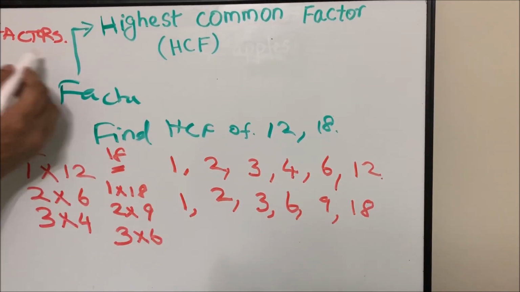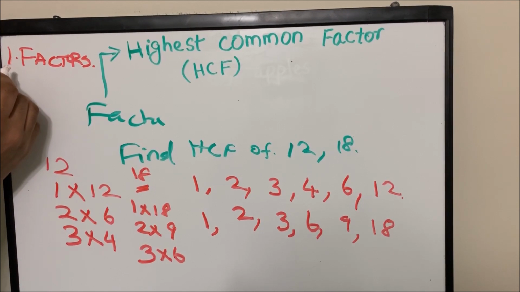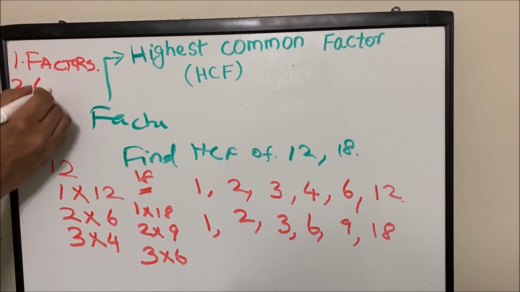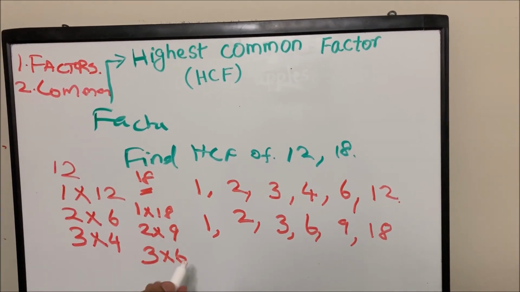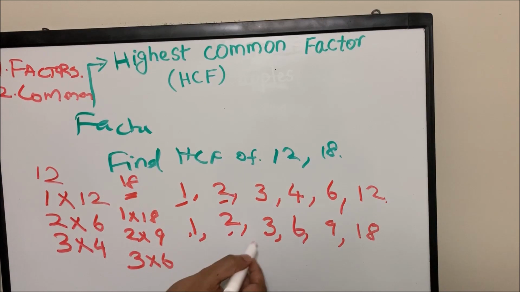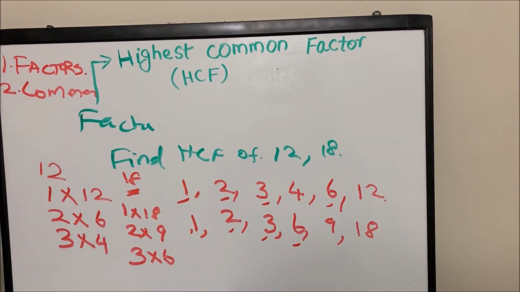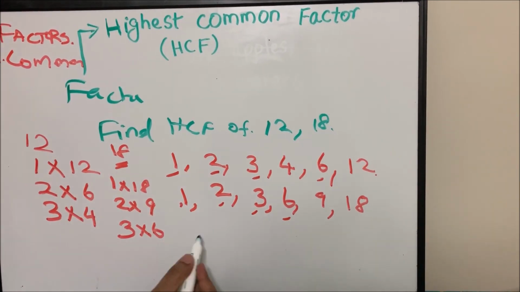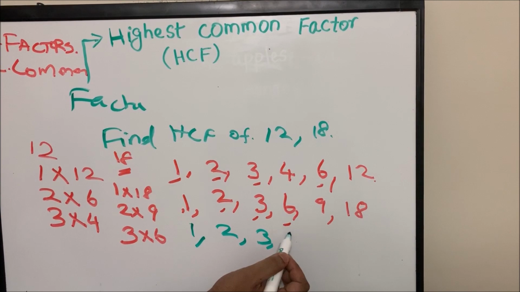So first step is factors, and second thing is to identify the common among the factors. Common, that is 1, 2, 3 and 6. So the common factors here are 1, 2, 3, 6.